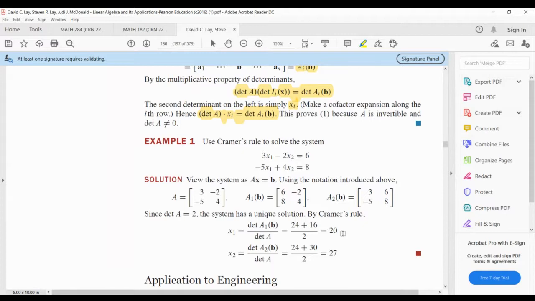I think example one is pretty self-explanatory, what you're seeing there. But are there any questions? No, this is the practice problem, Matthew.